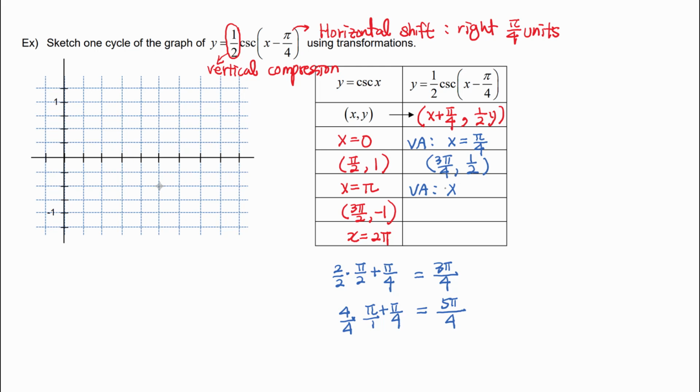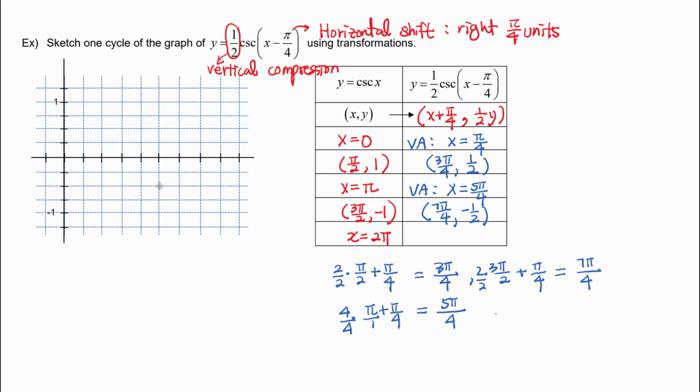So the next vertical asymptote is x equals 5 pi over 4. Now 3 pi over 2 plus pi over 4, you multiply 2 over 2, that's 6 pi over 4 plus pi over 4, which is 7 pi over 4. So this point will go to 7 pi over 4, comma, -1 times half is -half.